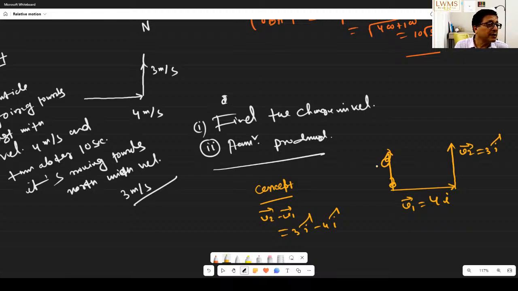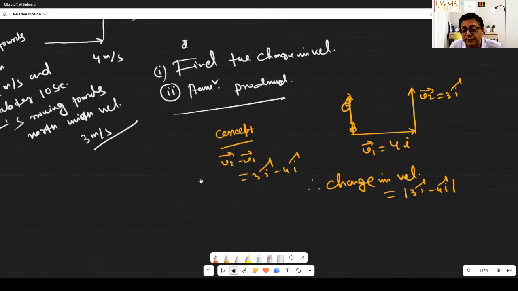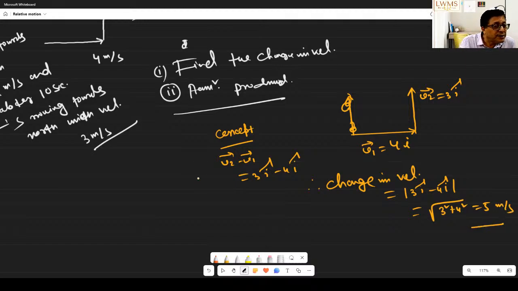Del V is this. So therefore the change in velocity is what? Mod of 3j minus 4i. Clear? This is root over 3 square plus 4 square, that is 5, taking in meter and second. Clear? Change in velocity found.